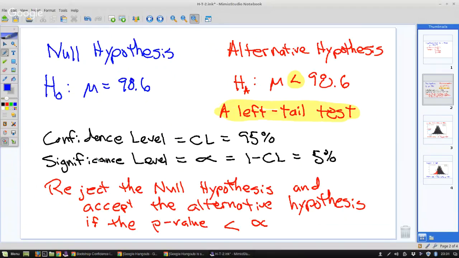So if my confidence is 90%, my significance level is 10%, or 99% gives 1%. And this determines the measurement of unusual. So unusual for 5% or less of the time, or something that happened 1% of the time.